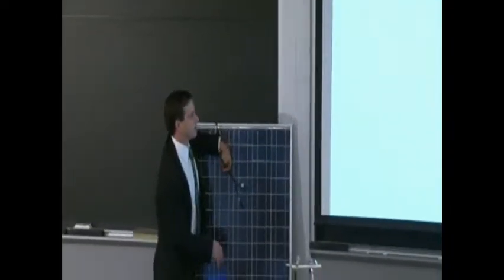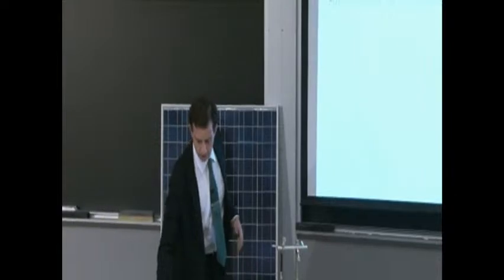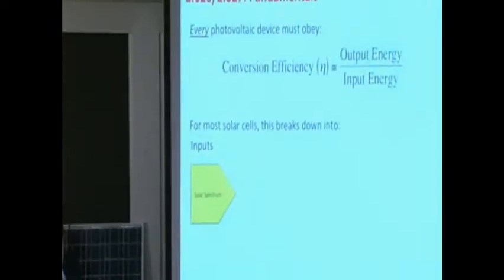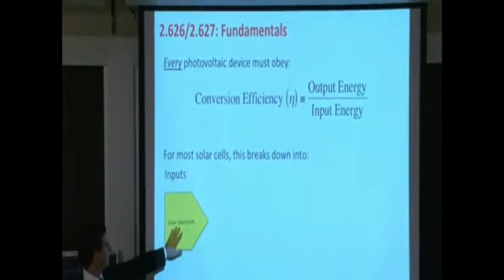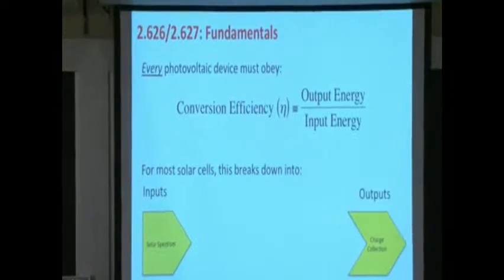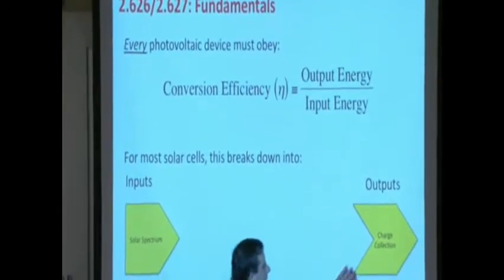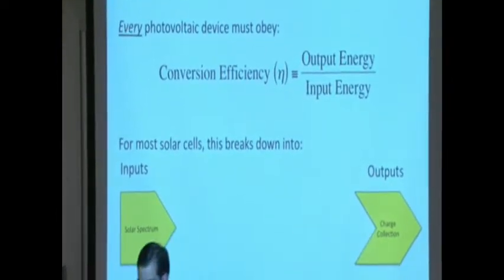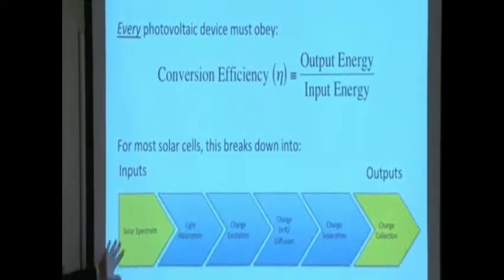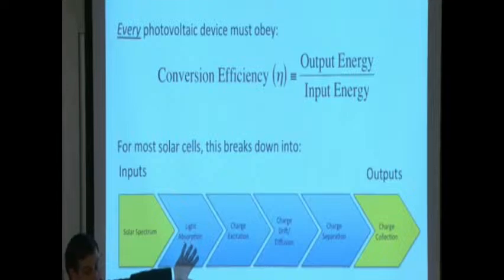And that conversion efficiency, that simple equation, for most solar cells can break down into the following. You have inputs. Sorry for the small font here. This reads solar spectrum. That's your input. Your output is the charge collection, the collected charge coming out of your device, and a bunch of steps in between. From the solar spectrum, we have to absorb that light.